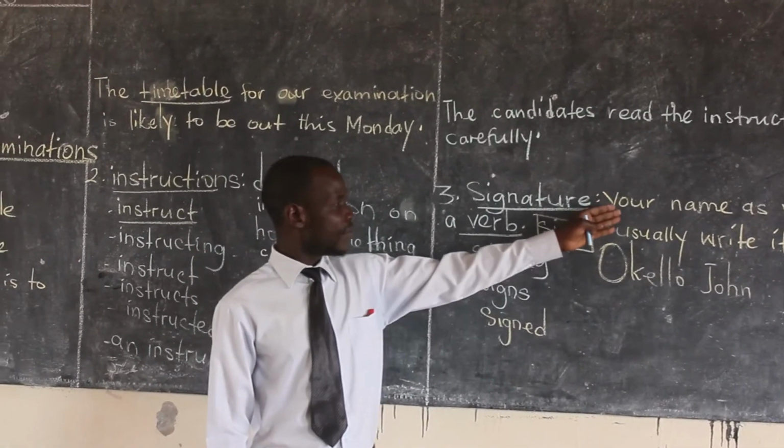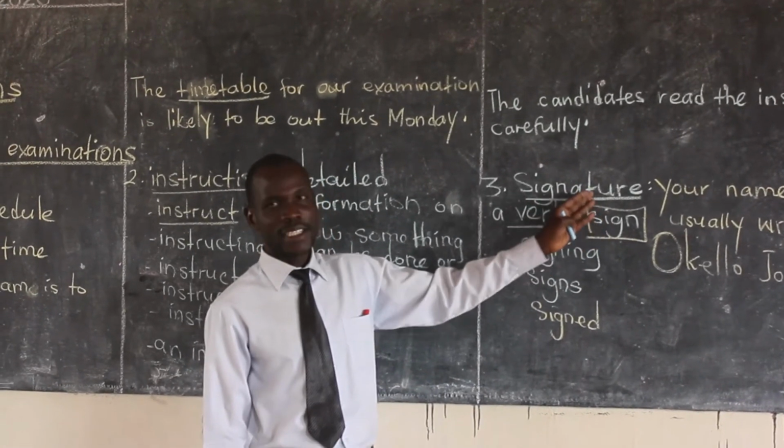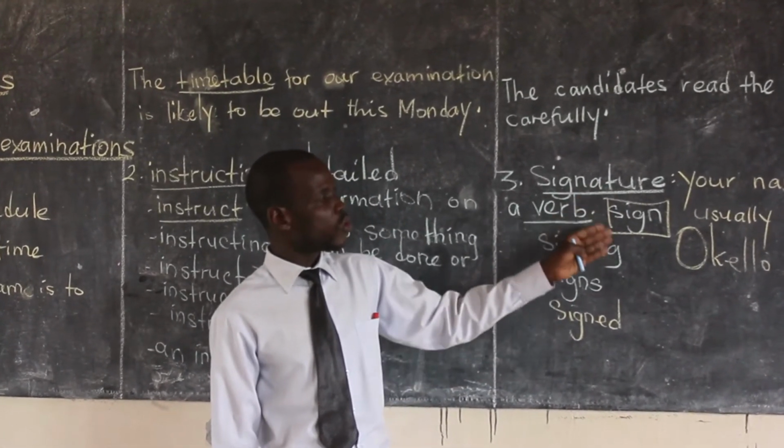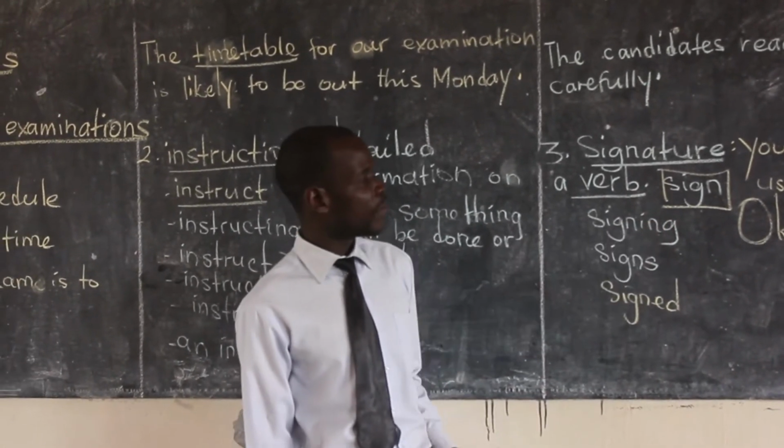Apart from knowing its meaning and other words, like the origin of the word signature, you also need to know how to use it in a sentence. You can just write a simple sentence.